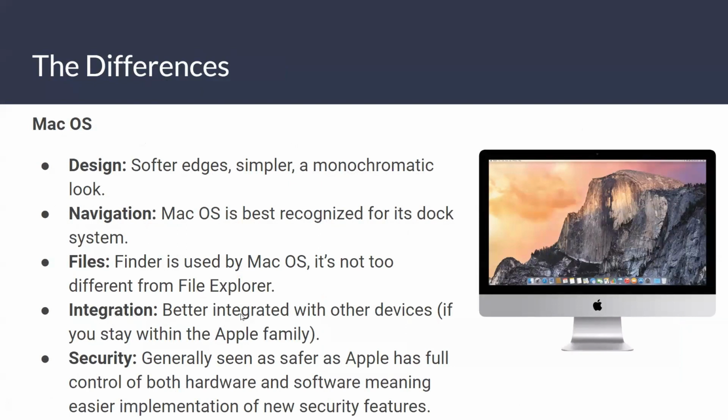Integration: better integrated with other devices within the Apple family. Security: generally seen as safer, as Apple has full control of both hardware and software, meaning easier implementation of newer security features.